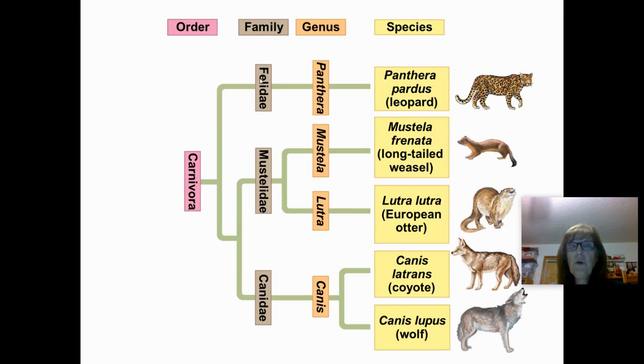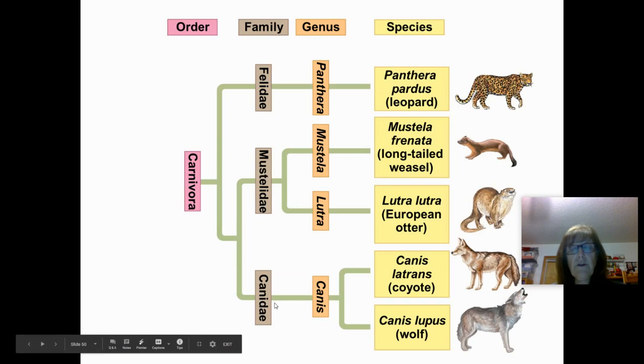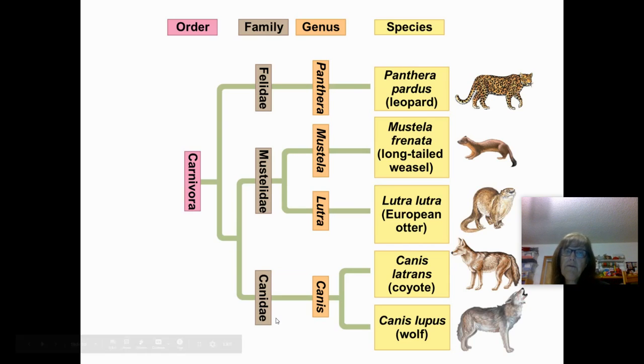The family: notice that even though they were in the same order, their family name is different, which means they have a novelty or a trait that makes them different than the other two categories. And then we head on down to genus, and we see that we now have 4 genuses from those 3 families. And those genus names, again, are like their first name. And then we get down to the species name, which is their specific name.